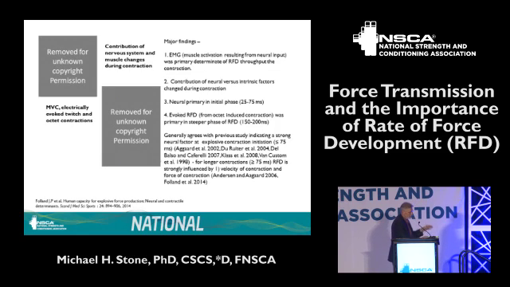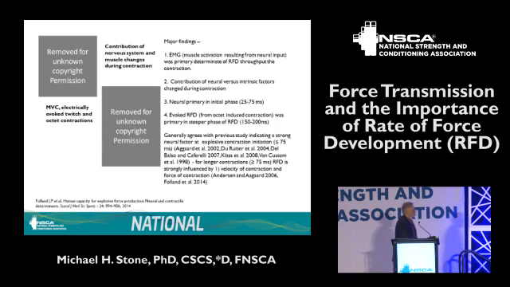And what we know from studies like this is that initially, in the first few milliseconds, say up to about 50 to 70 milliseconds, that is primarily the nervous system. And then after that, it becomes more and more a function of maximum strength, and then the muscle starts getting more and more involved. That is, the intrinsic properties of the muscle and the size of the muscle.